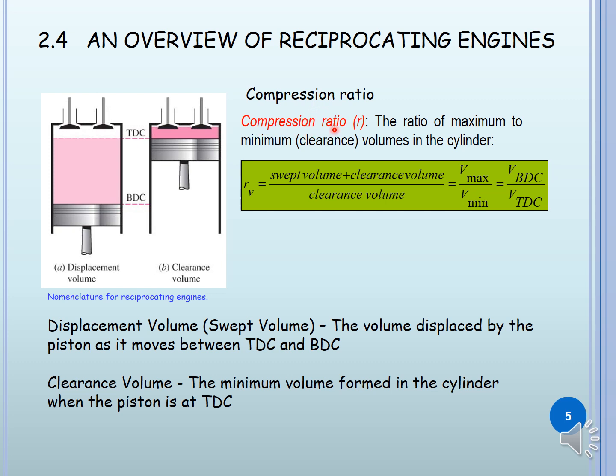So the compression ratio r is the ratio of the maximum to the minimum volume in the cylinder, where the volume compression ratio is actually the swept volume plus the clearance volume over the clearance volume, which means the volume at maximum over the volume at minimum. So we have the volume at bottom dead center over the volume at top dead center.